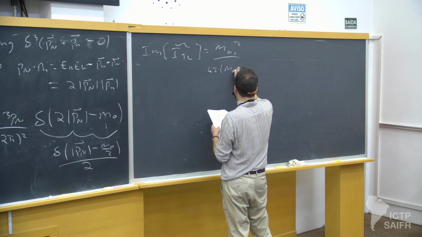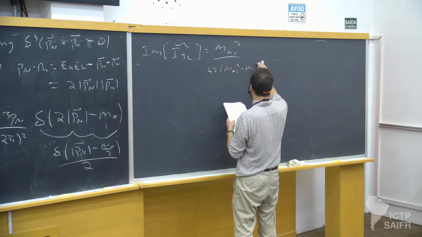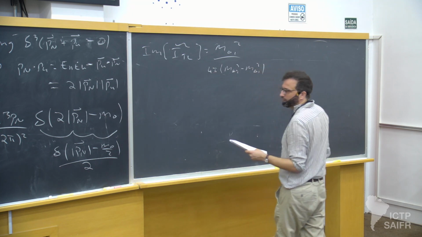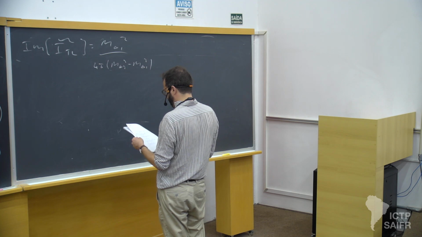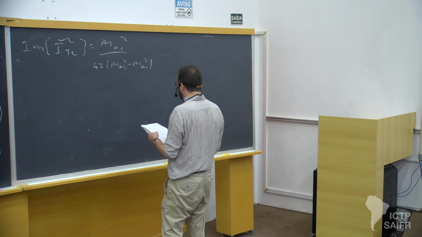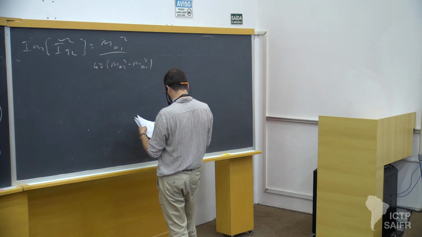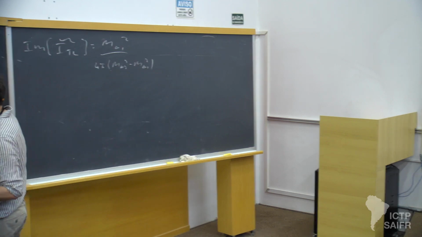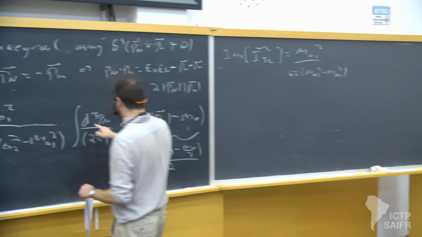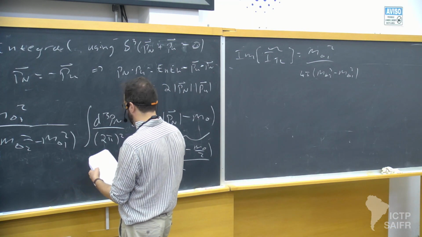So there's a 2, there's a 2. No. Okay, let's check later on. When we go from this d3pn integral, we're going to rewrite this as here.